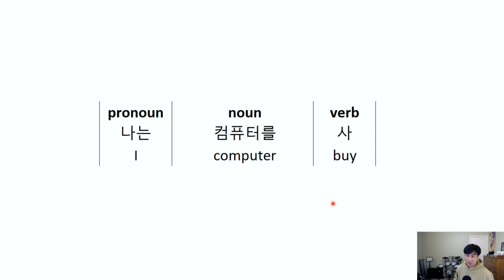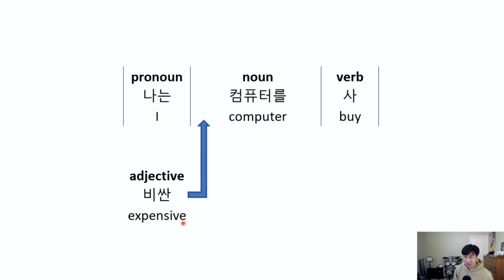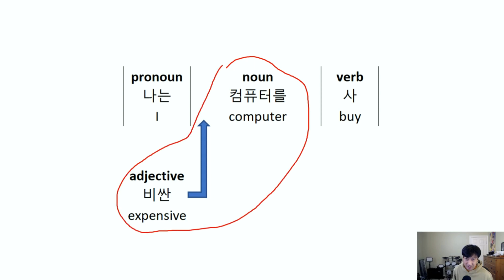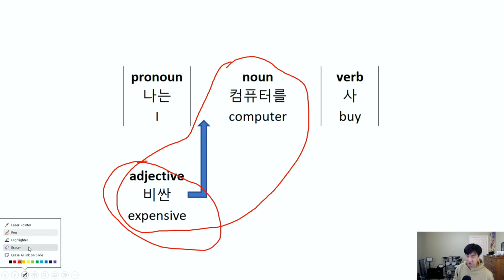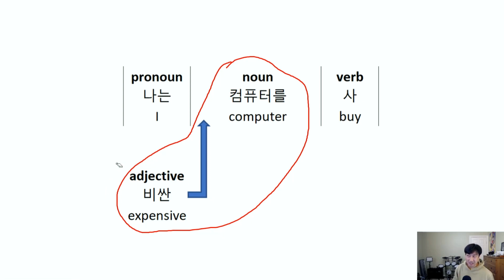Okay, so the next type of word we're going to introduce are called adjectives. These adjectives describe the noun in some way. They attach to this noun right here, and it becomes like one word. So what are some different kinds of adjectives? Some describing words. So we have words like expensive.